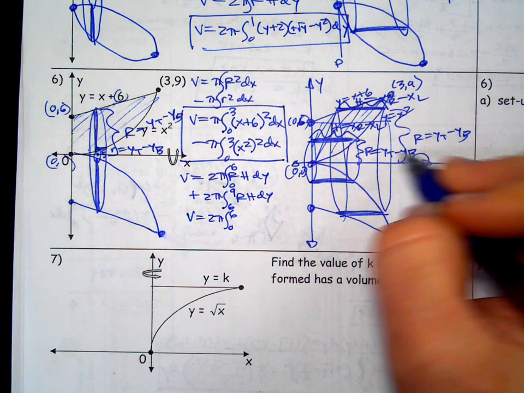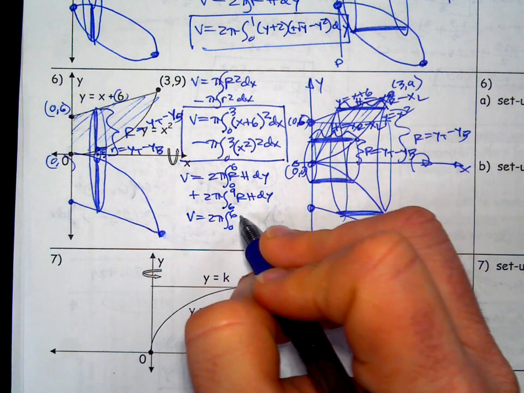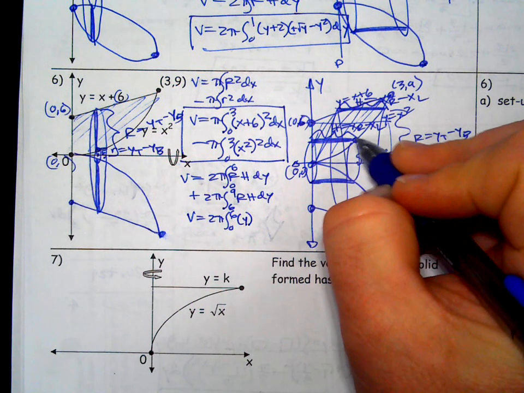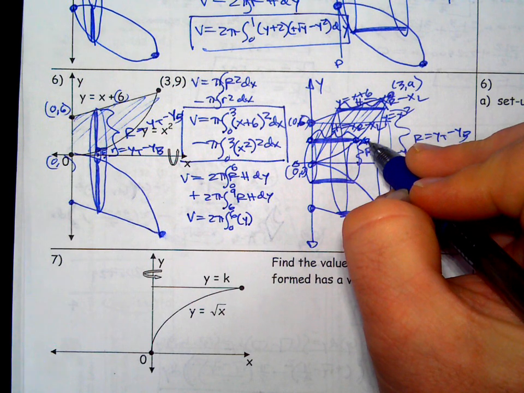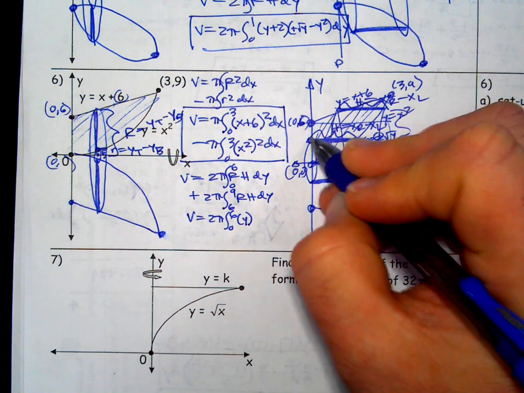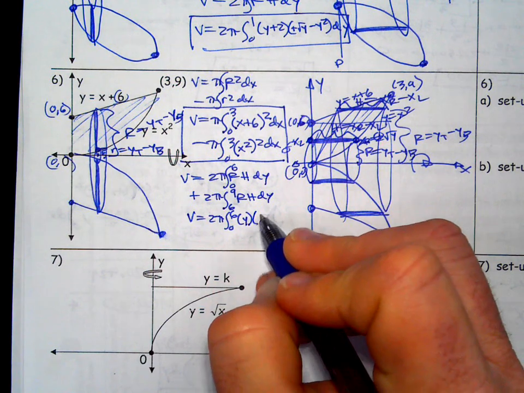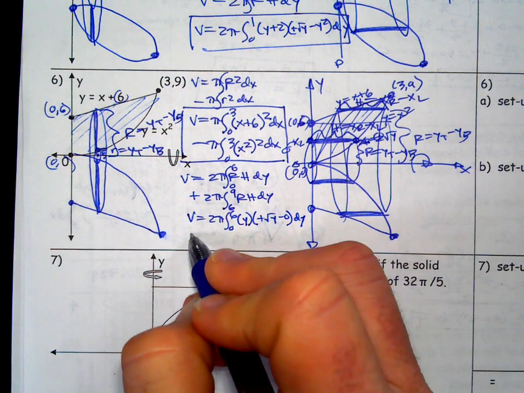The r value is just going to be whatever y value you're at minus the center 0. So the r value is just y. The height, x right minus x left. So we got to get this x right here in terms of y, which would be plus or minus the square root of y. It's going to be the positive because it's the right half of the parabola. X left is 0. So it's going to be positive square root of y minus 0 dy.